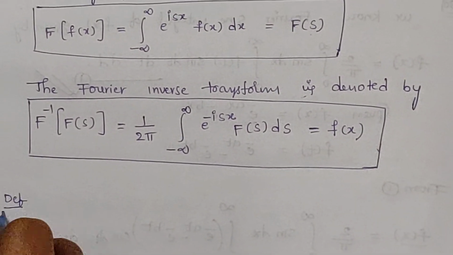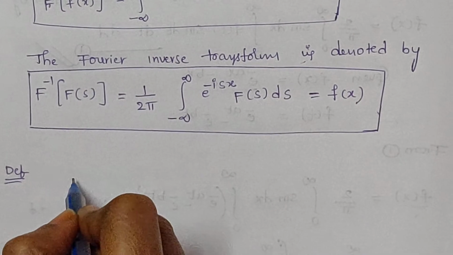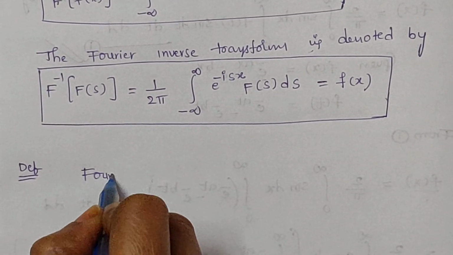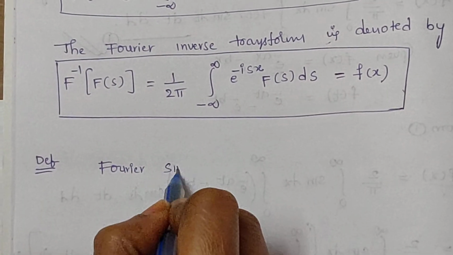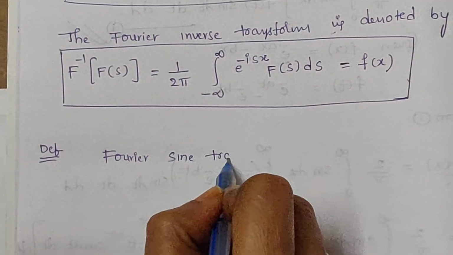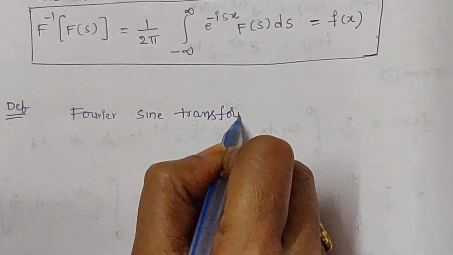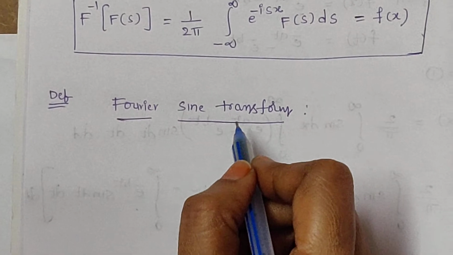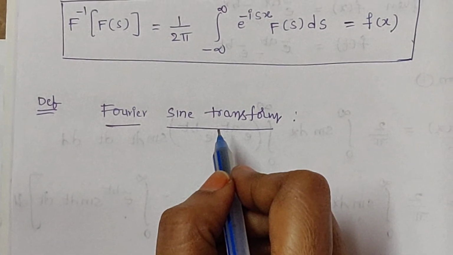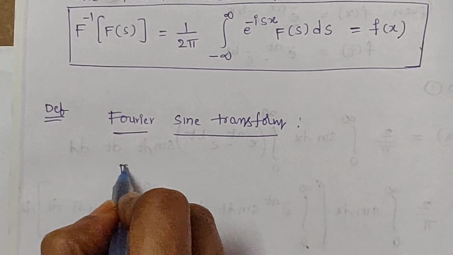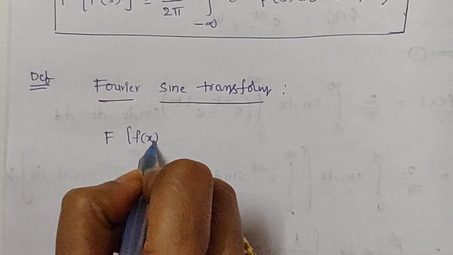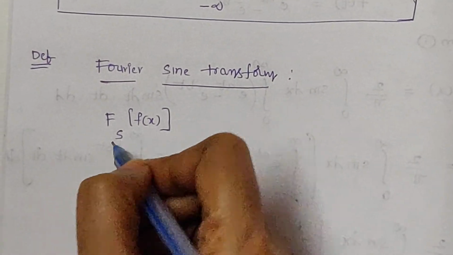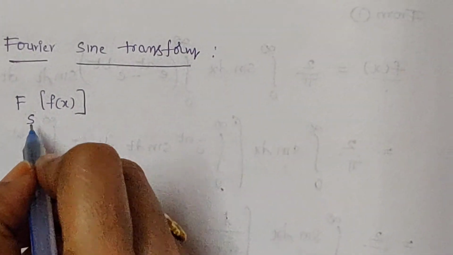Next definition is Fourier sine transform. Fourier sine transform to the function f of x is denoted by the Fourier transform of the function f of x, which means this one. In particular, we are writing Fourier sine transform, that's why I denote it with suffix s.